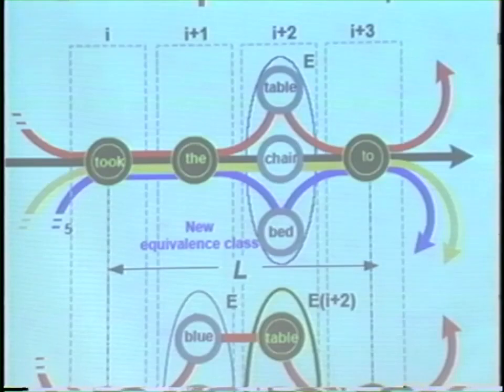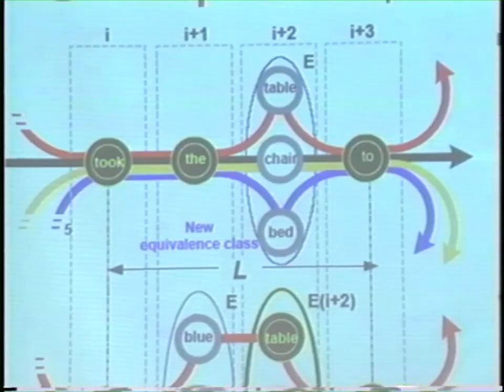Why? Because they are interchangeable in this context. We just found on the basis of the corpus we have that table, in this example, table, chair, and bed are in some sense the same, in some sense equivalent, but only in the context of "took the slot to," right? So this is an example of the sense in which we are conservative.